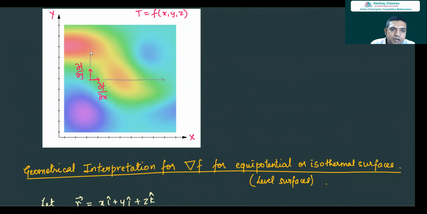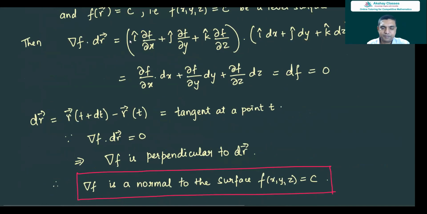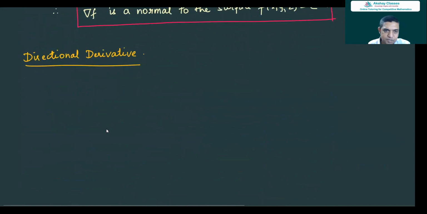If I go in the y direction, how does the temperature change? Now I want to know if I go in a particular direction, how do my temperature values change? Or whatever the scalar point function is, how does it change? So that is the concept of the directional derivative.